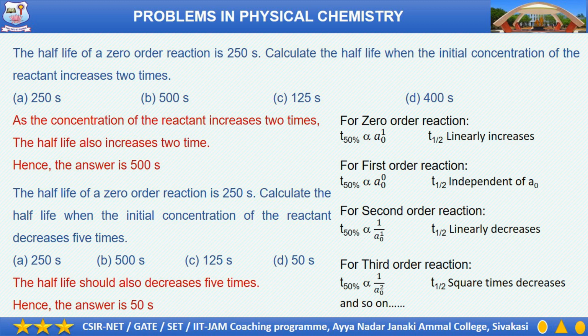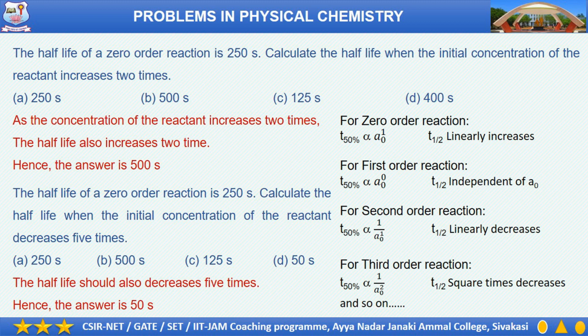What do you mean by directly proportional? If the concentration increases 2 times, the T half increases 2 times. If it increases 3 times, T half increases 3 times, or 2.5 times, it increases proportionately. For the second order, it is 1 by A, therefore it proportionately decreases. For third order, it is 1 by A square. So for zero order, what should there be?